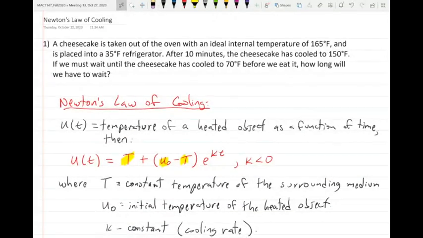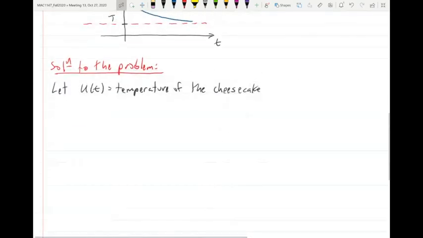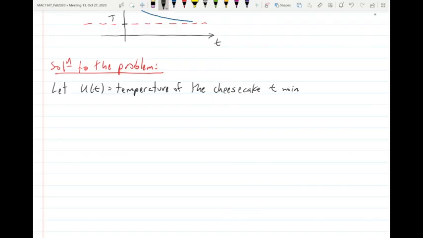What should t represent for us? If we look at the problem, what's the unit of time that we're using here? We should be using minutes. Very good. So u of t is the temperature of the cheesecake t minutes after being placed into the refrigerator.